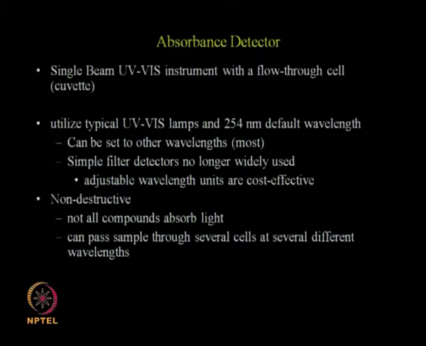So you have a cuvette where you take in your solution, and a UV visible instrument, and you measure the lambda maximum. Generally in a UV visible you detect at 254 nanometers, that is the default wavelength. We can set it to different wavelengths, but you can measure only at one single wavelength, but it is extremely cheap. If you have such an instrument, it is very cost effective.